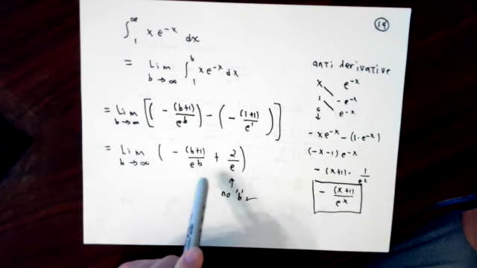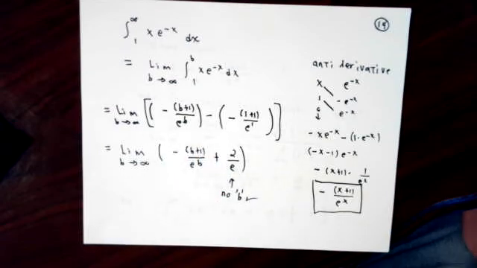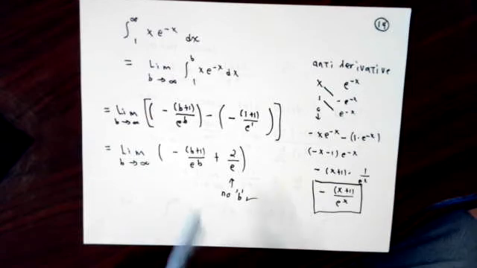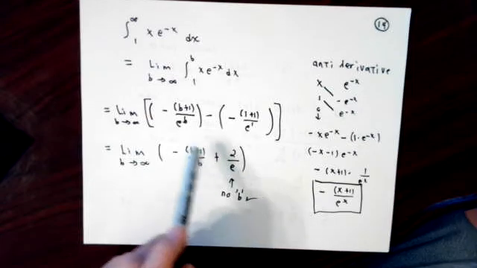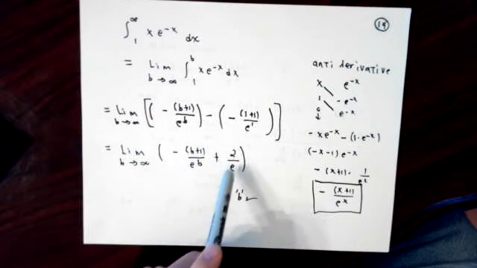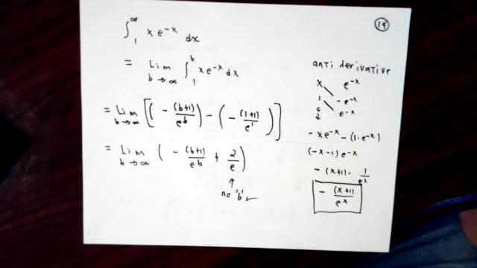So we have to go off and investigate the limit of this term. If it exists, then I'm going to take whatever number comes out of this term, add 2 over e to it, and we'll have our answer. If this limit doesn't exist, then I have to say that the integral diverges.